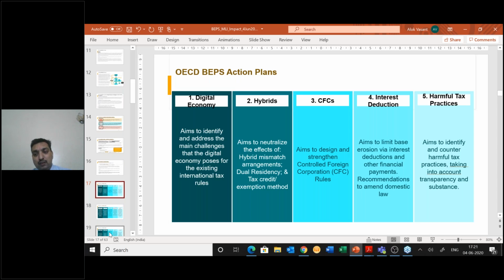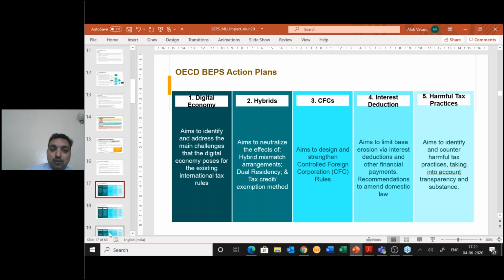Now, a quick look on the OECD BEPS action plans. So there are 15 action plans which the OECD finalized, and we'll take an overview of all these action plans.